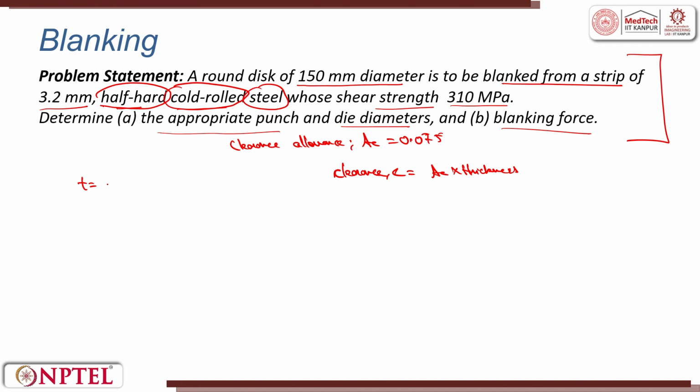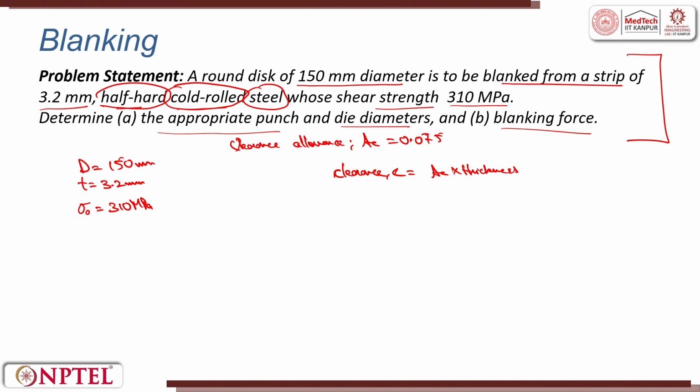I will put it as T as 3.2 millimeters, the diameter D as 150 millimeters, that is the die opening diameter, and I have been given 310 megapascal as my shear strength. I will put it as sigma naught as 310 megapascal.